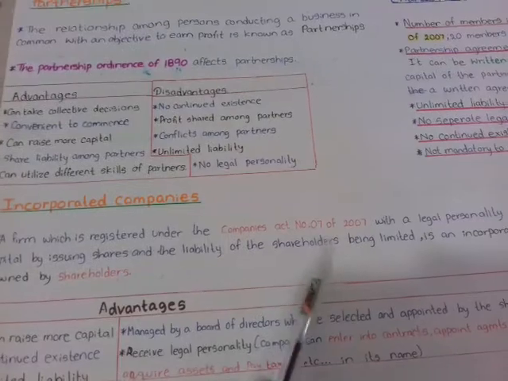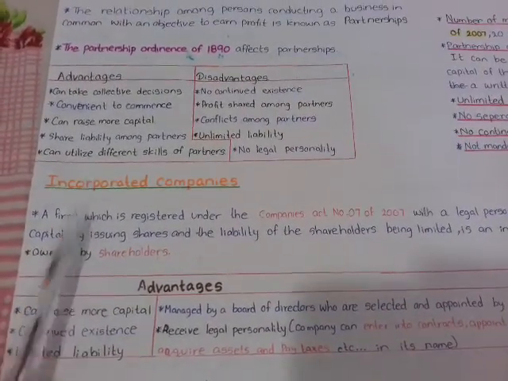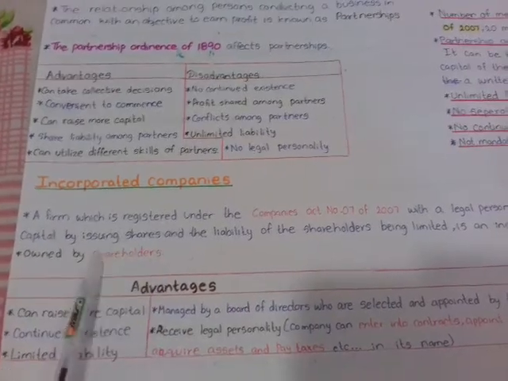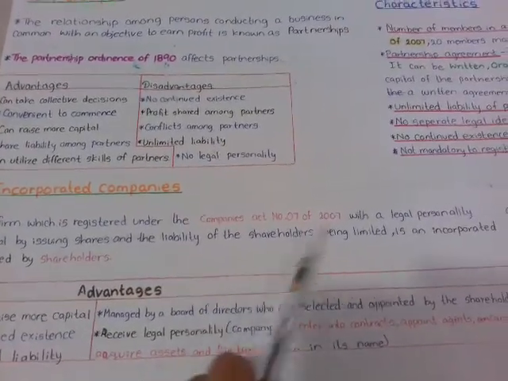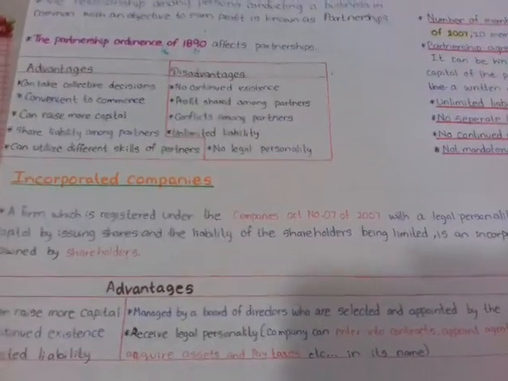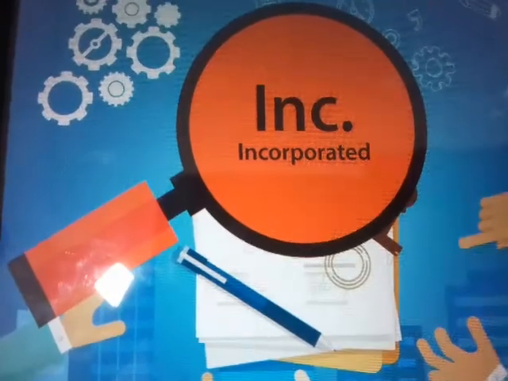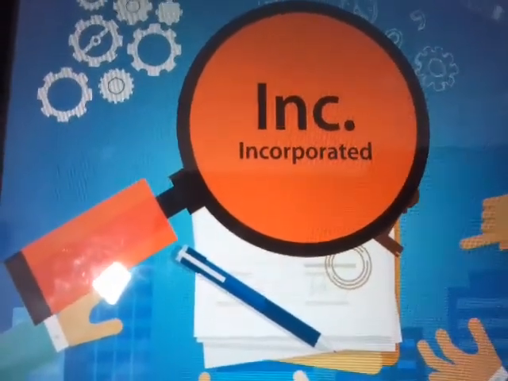So from this itself you can understand that incorporated companies are owned by shareholders. So this is known as incorporated companies. So it is easy. Okay, so what are the characteristics of incorporated companies?